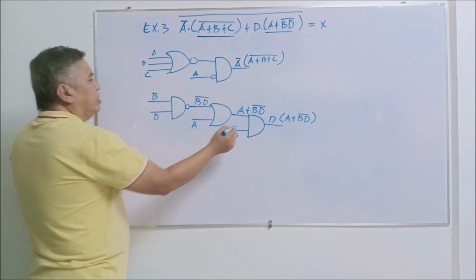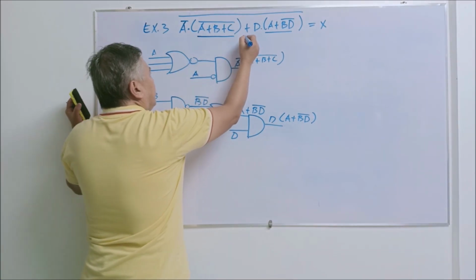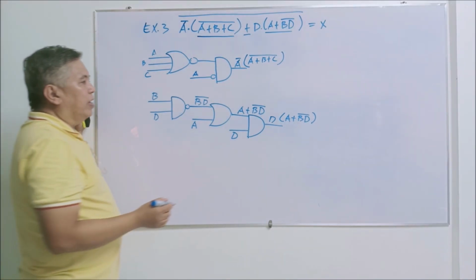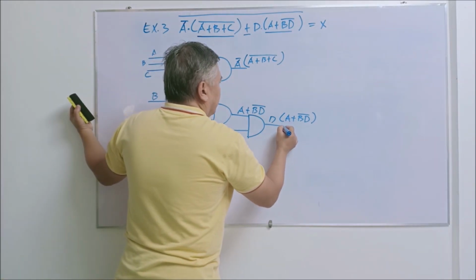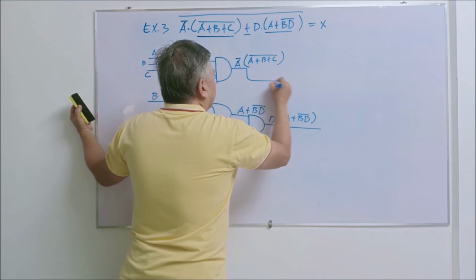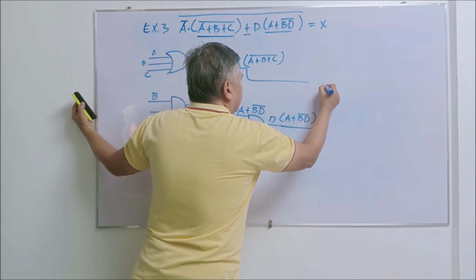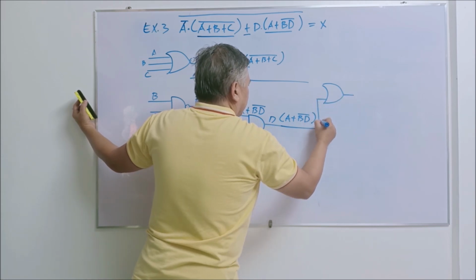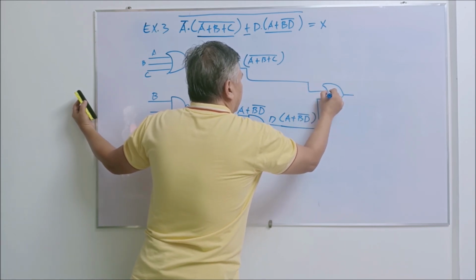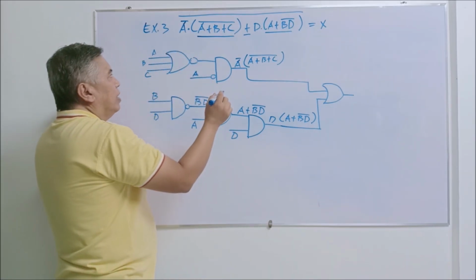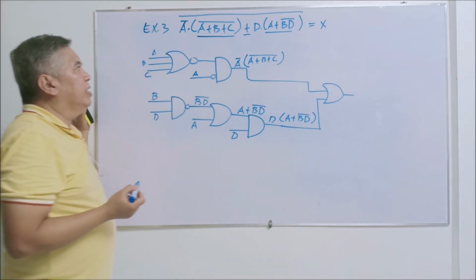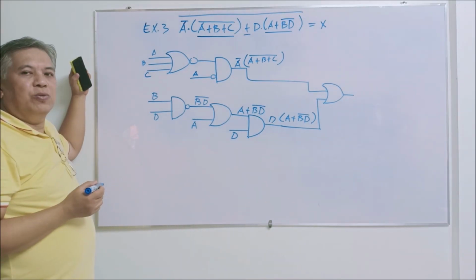And all of these gates are being ORed together by an OR gate. So you draw an OR gate. Okay, they are ORed together, and remember also that there is a complement at the upper portion of your equation.